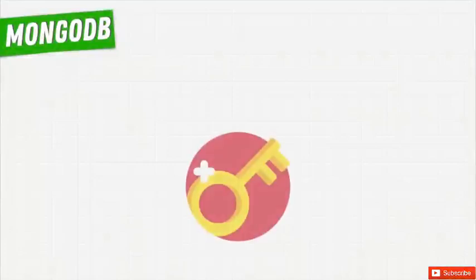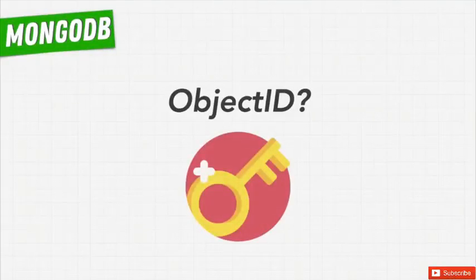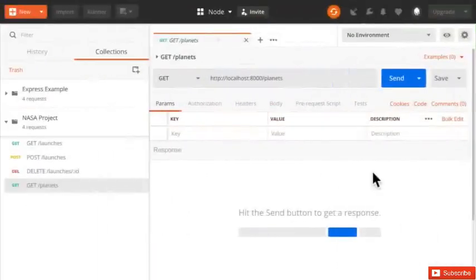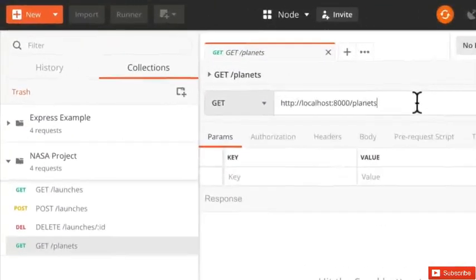Welcome back. What are object IDs in MongoDB? When using Mongo, you'll see these object IDs being referenced all over the place. For example, say I'm in Postman, and I make a GET request to the planets endpoint in our server.